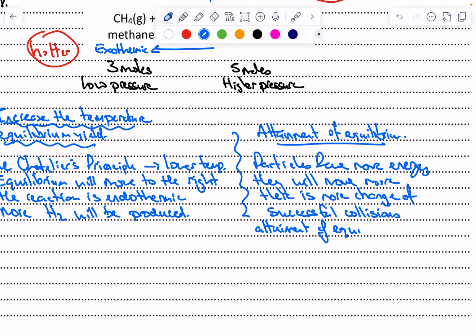So the attainment of the equilibrium will be faster.